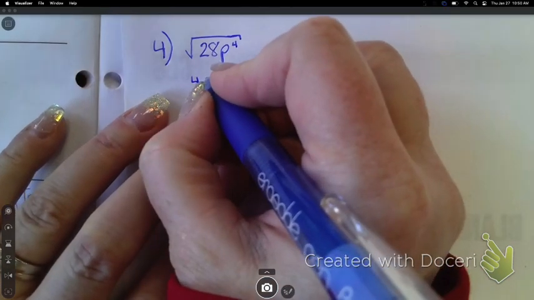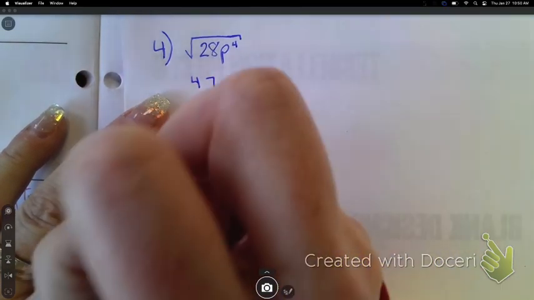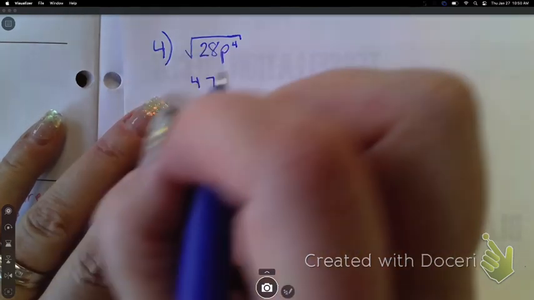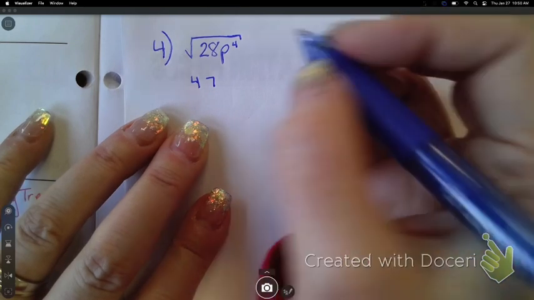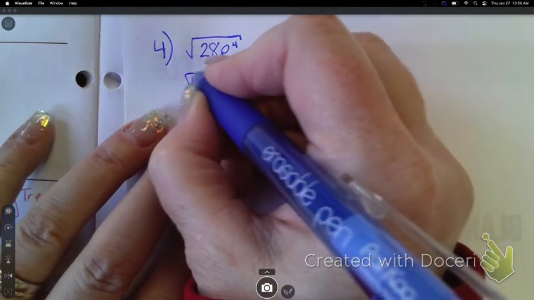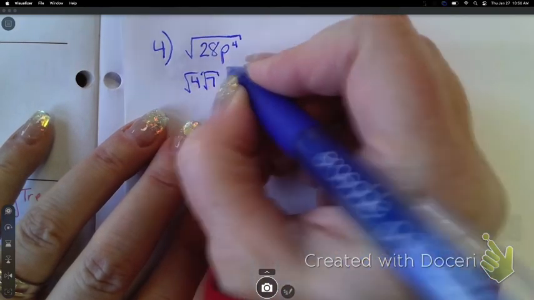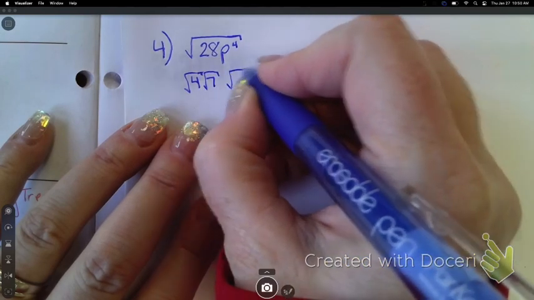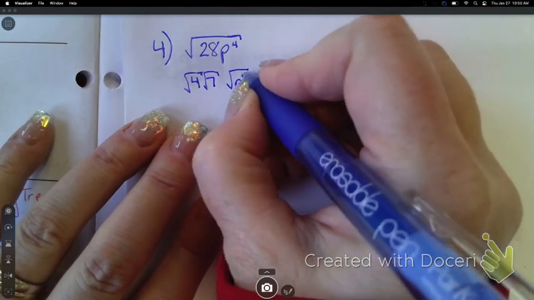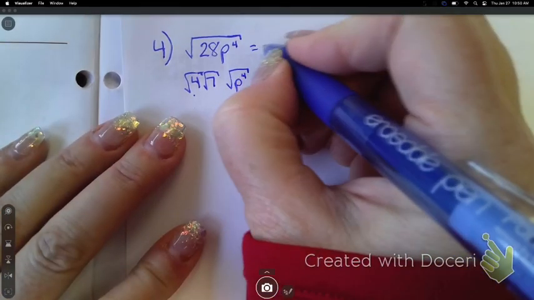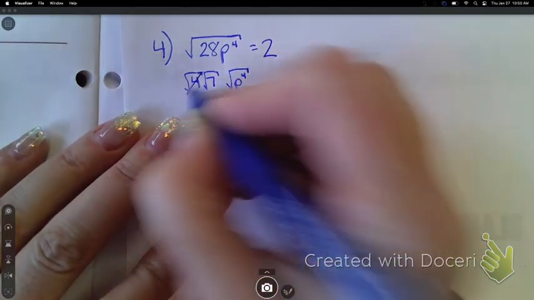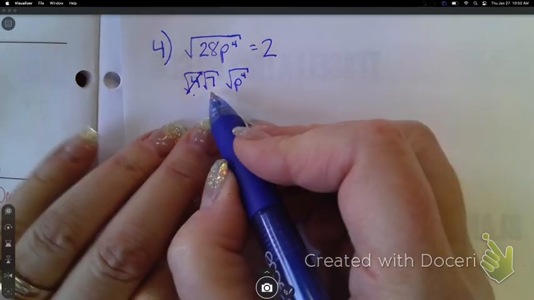Okay, if you did, the perfect square is 4. Let me show you both ways, okay? So I'm going to show you this way, and then I'll show you the other way. So what I have is the square root of 4 times the square root of 7, square root of p to the 4th. What is the square root of 4? 2. So that's done.